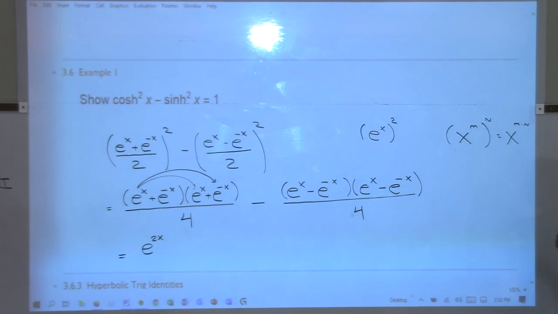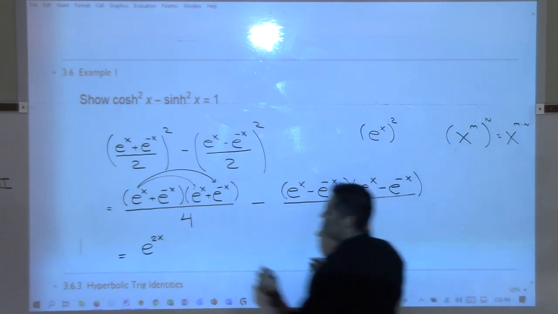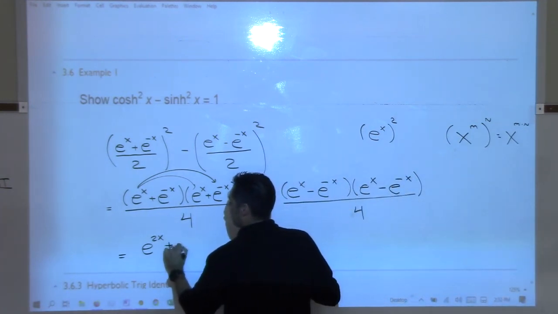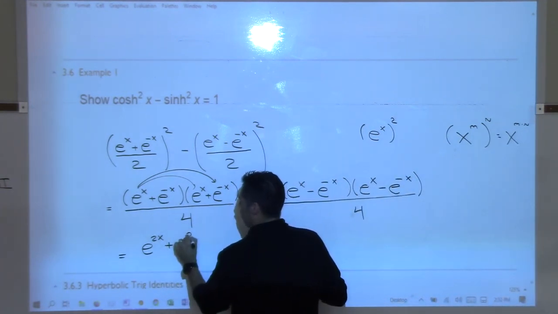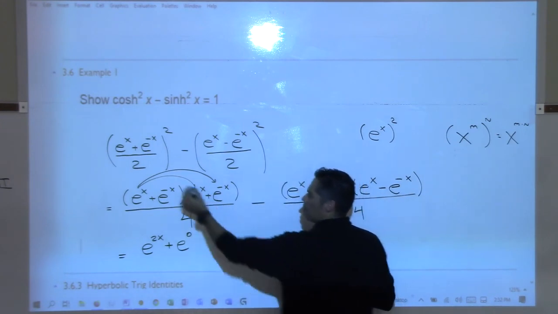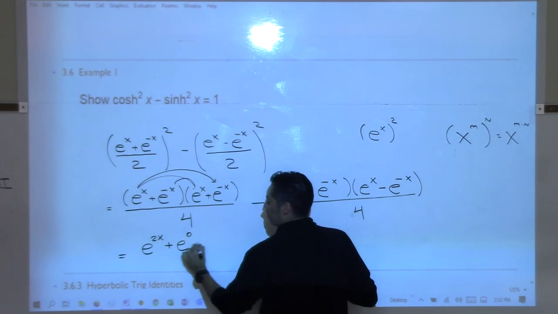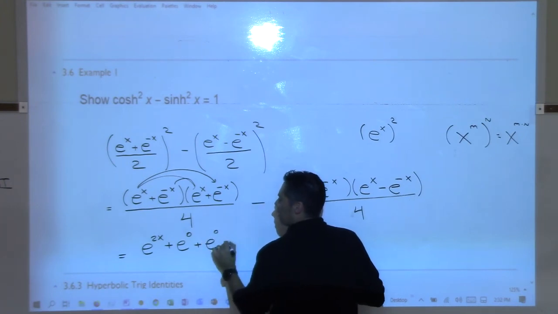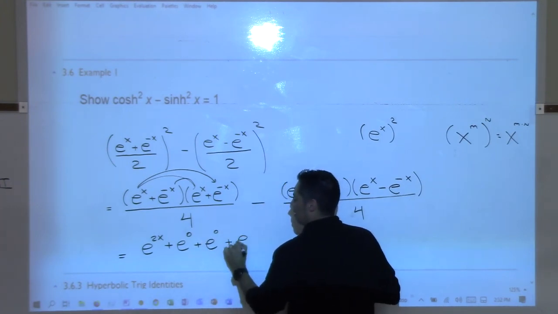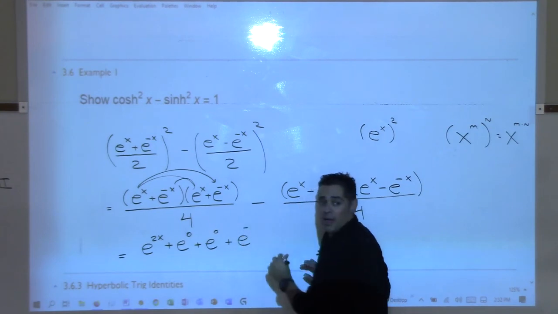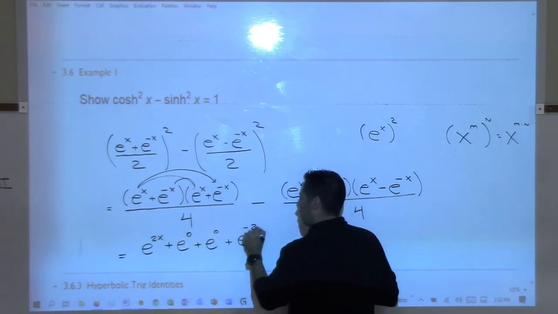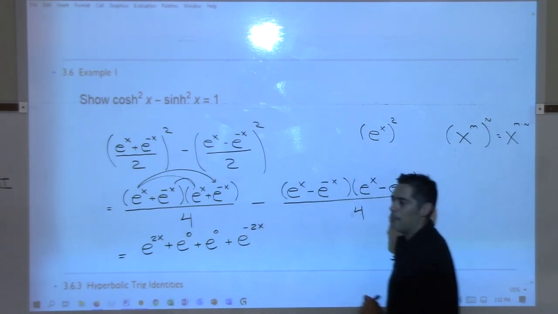You can add the exponents, right? So e to the x times e to the negative x is e to the 0, which will be a 1. And then the middle one, add those exponents, e to the 0 again, and then plus e to the negative 2x. Okay, that's our top.